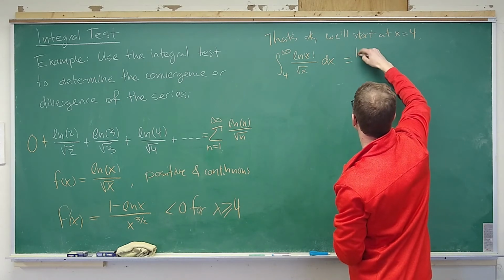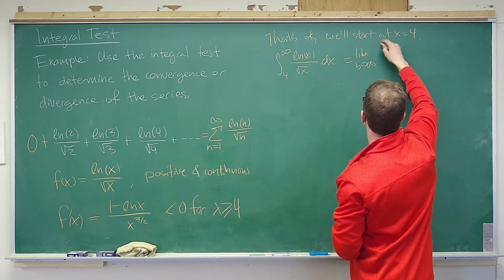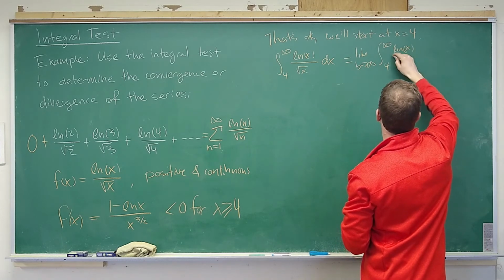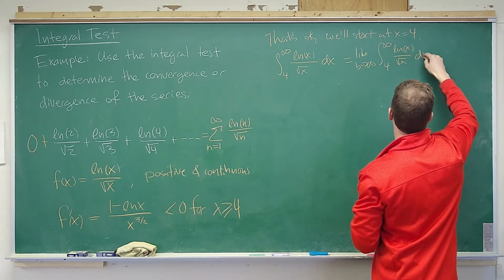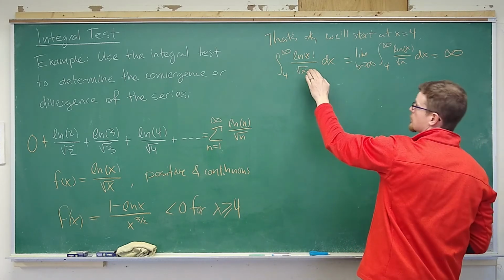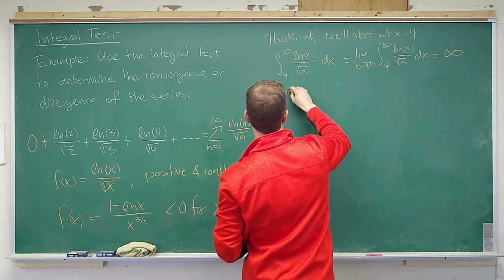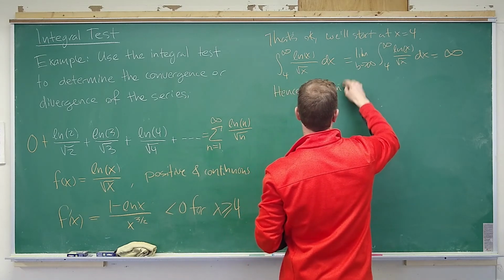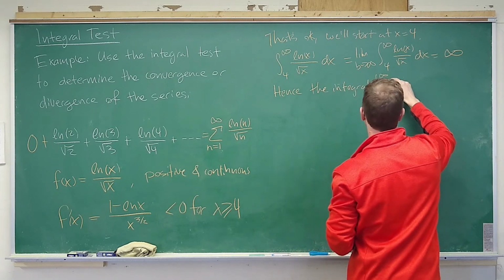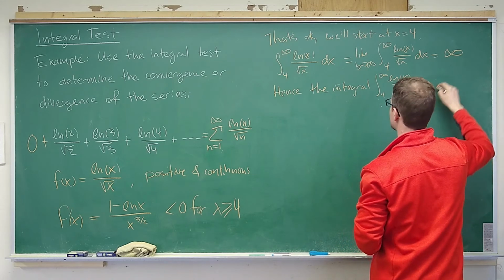So the limit as b goes to infinity of the integral from 4 to b of the natural log of x over square root of x dx is equal to infinity. So the limit is infinite, which allows us to conclude that this integral diverges. Hence the integral from 4 to infinity of the natural log of x divided by square root x dx diverges.